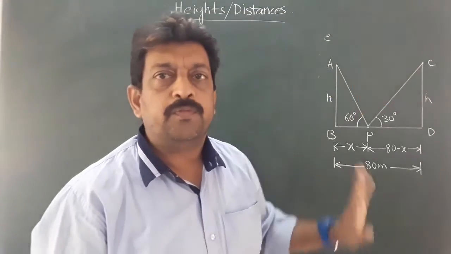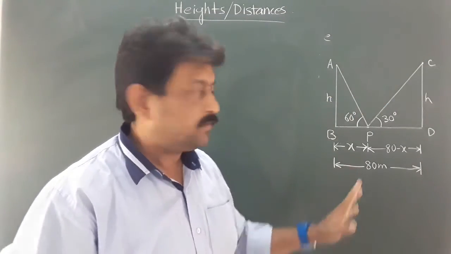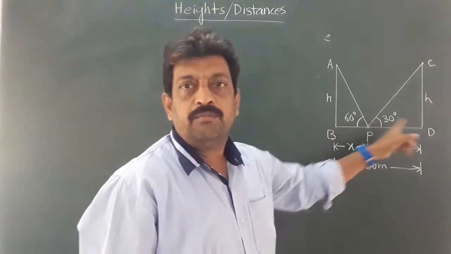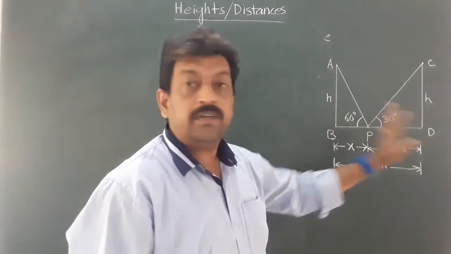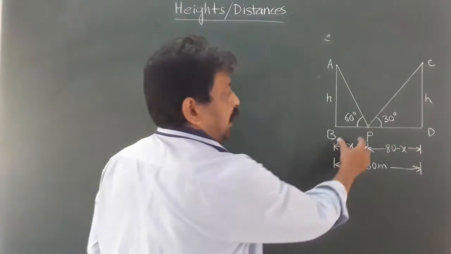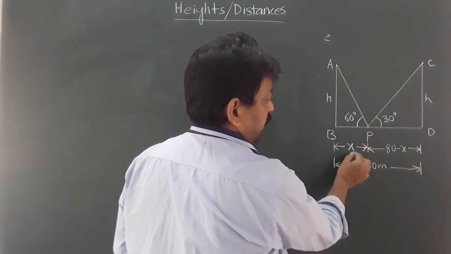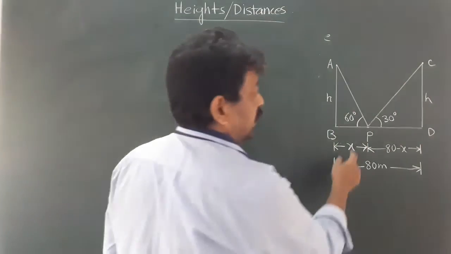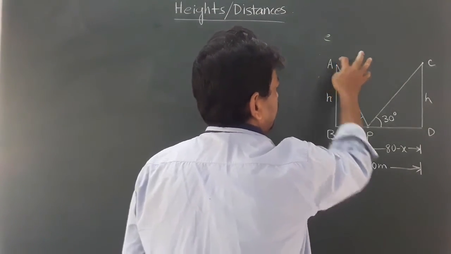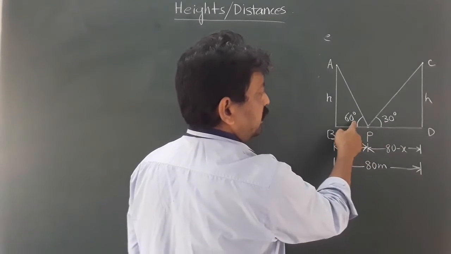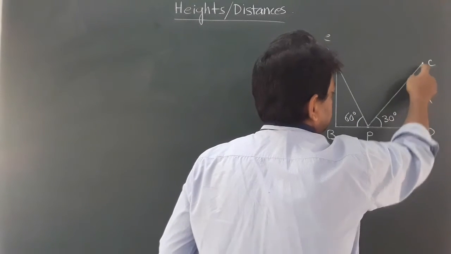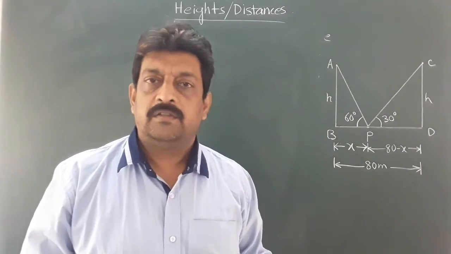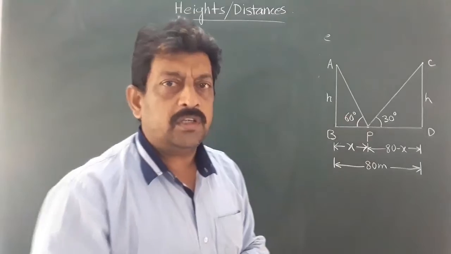AB and CD are two poles of equal height, and P is a point between B and D such that BD equals 80 meter, BP equals x and DP equals 80 minus x, and the angle of elevation, that is angle APB equals 60 degree and angle CPD equals 30 degree. This much we have to write about the diagram. So do it in your own language.